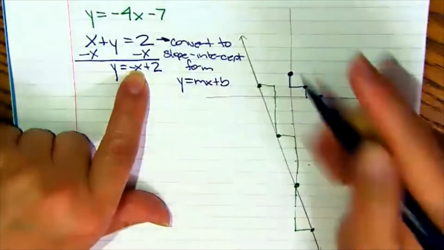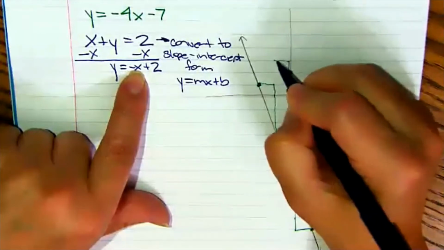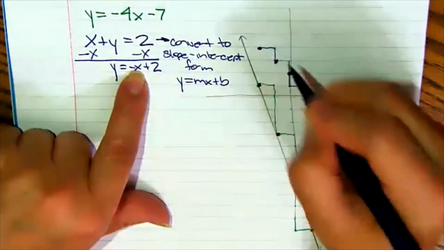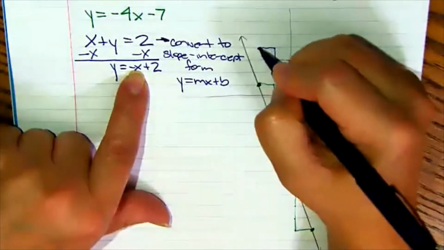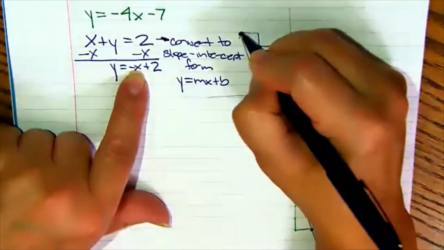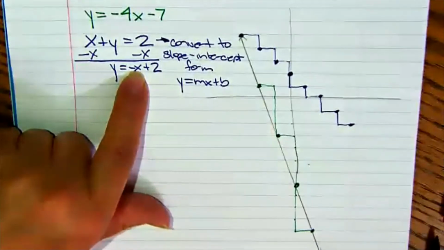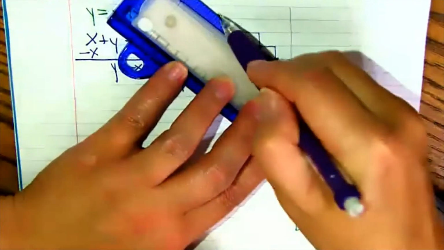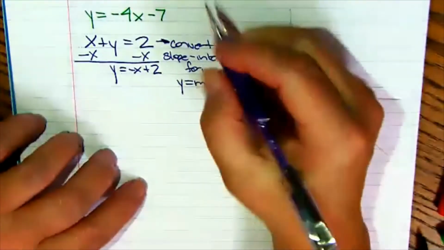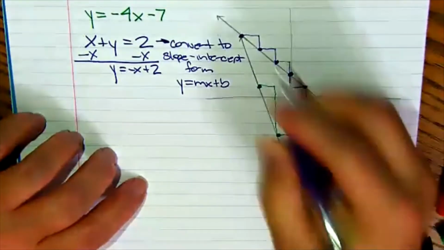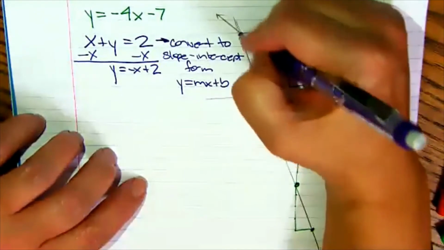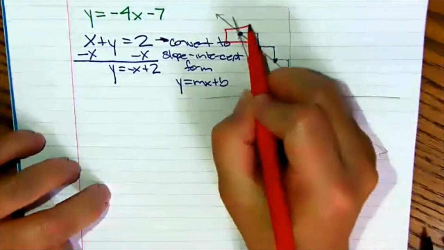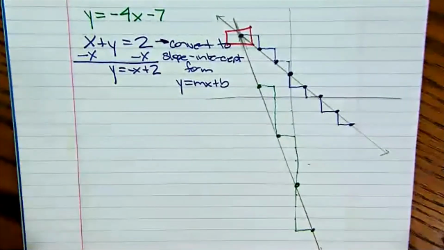So I'm going to follow this direction. And it looks like if I extend my line here, it looks like both lines intersect at this point.